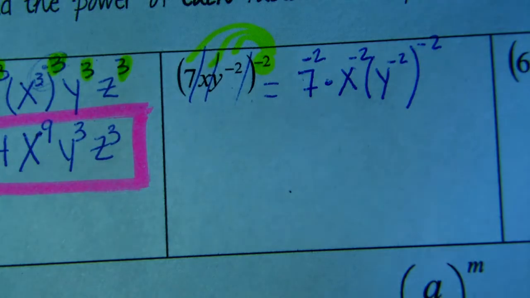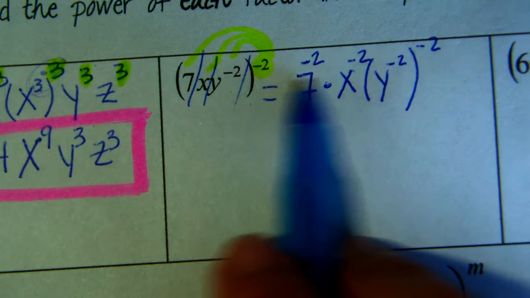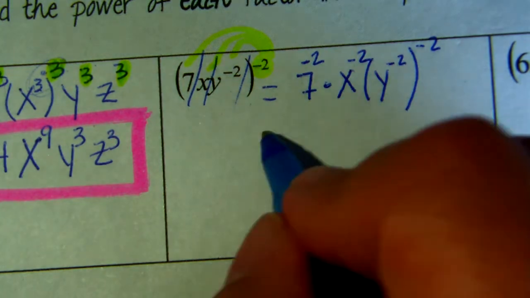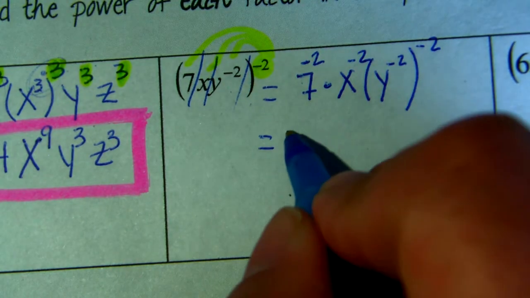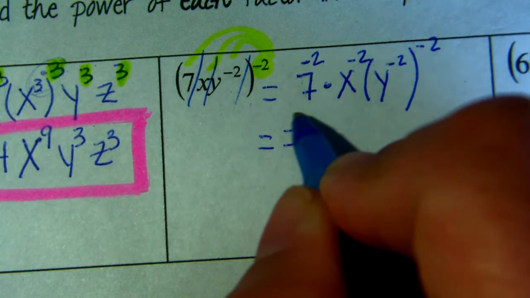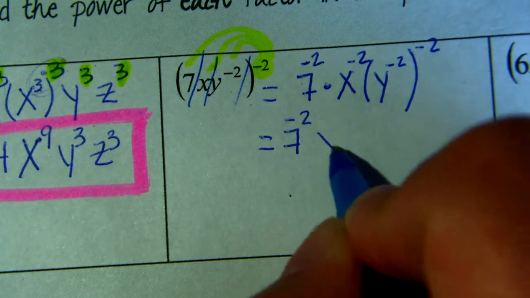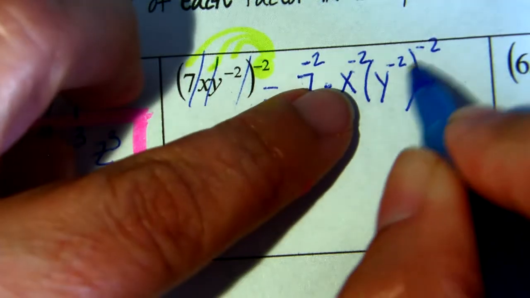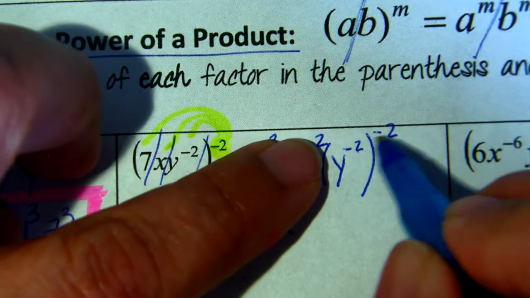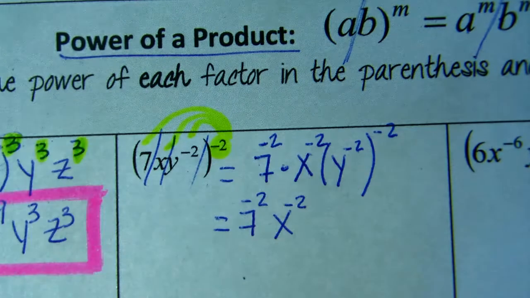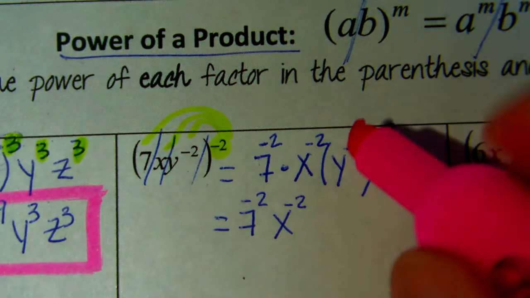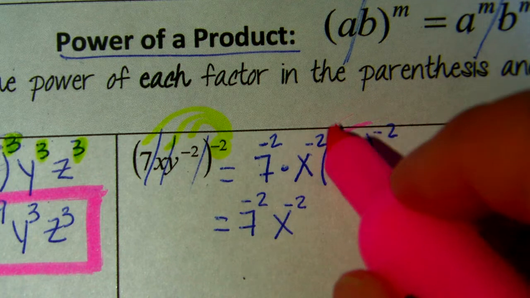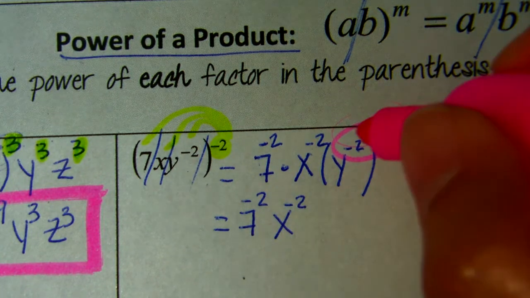So remember yesterday's rules, the negative exponents. What do we do? You have 7 to the power of -2, x to the power of -2, and over here with the y, power to a power. What do we do with these two? We multiply them.